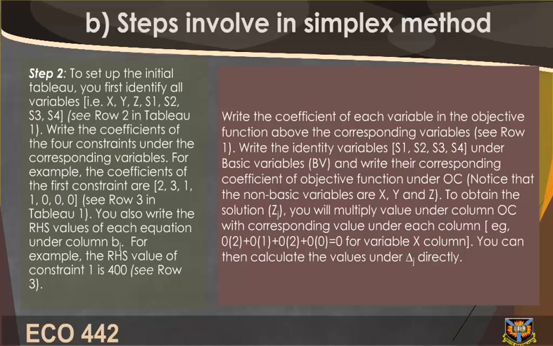To obtain the value Zj, you multiply the value under column OC with the corresponding value under each column. For example, 0(2) plus 0(1) plus 0(2) plus 0(0) equals 0 for the variable x column. You can then calculate the values under triangle J directly.